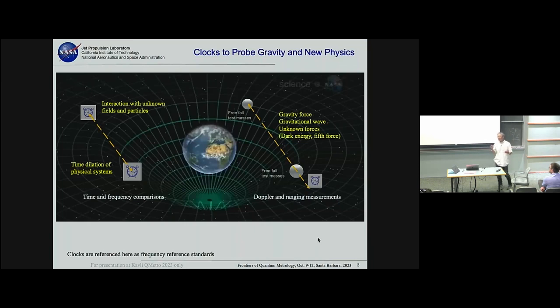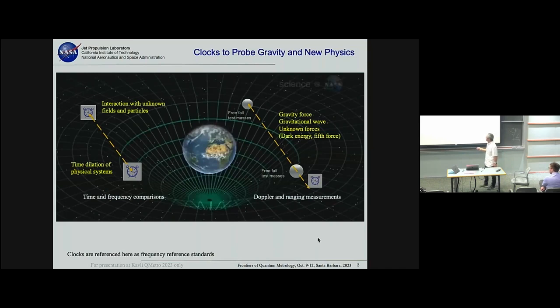I had some conversation with people, and even though it's proposed that one can use redshift for geodesy in terms of leveling, and that's a great idea, in terms of actually mapping the Earth's gravity field, for example, using test masses is far more sensitive, with higher precision and performance than redshift measurement.